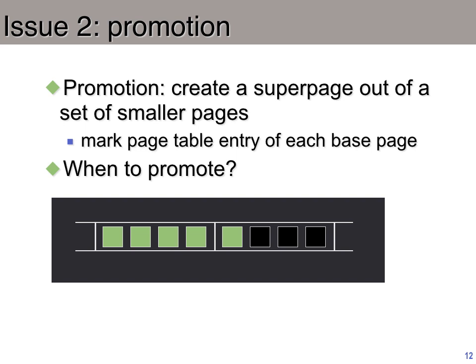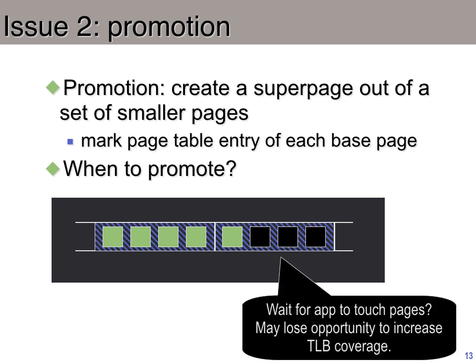Now, we could wait for the application to touch those additional 3 pages and then create a super page. If we wait, then we lose the opportunity to reduce TLB misses ahead of time.